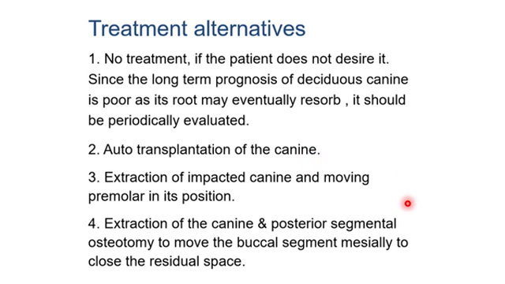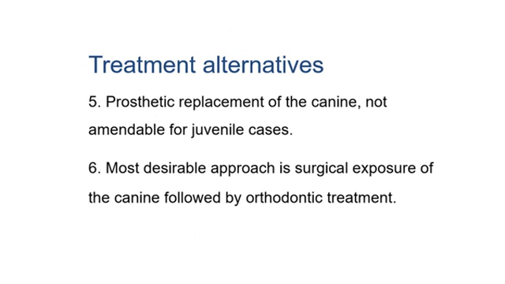Other options are auto-transplantation of the canine, extraction of the impacted canine, moving premolars into its position, extraction of the canine and posterior segmental osteotomy to move the buccal segment medially to close the residual space. Prosthetic replacement of the canine is not amenable for juvenile cases. And the most desirable approach is surgical exposure of the canine followed by orthodontics.